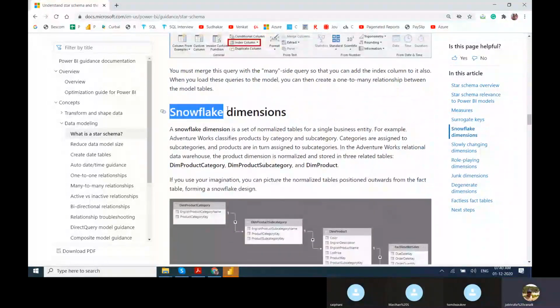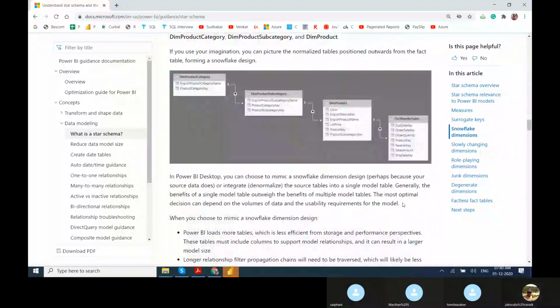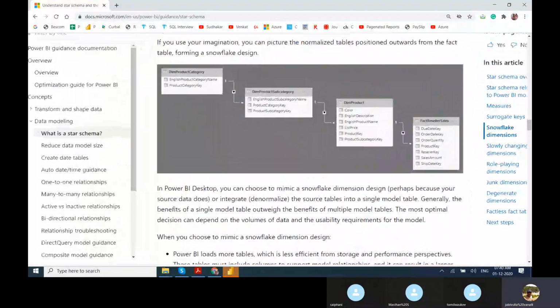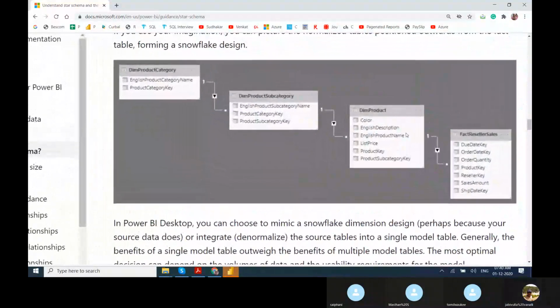See here, snowflake dimensions. Here one fact table is there. Dim product is there, and dim product subcategory is there, and dim product category is there. So if we have only fact table and dim product, then it is called a star schema. This dimension table again contains a subdimension.